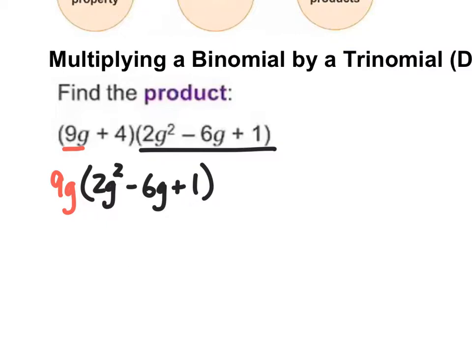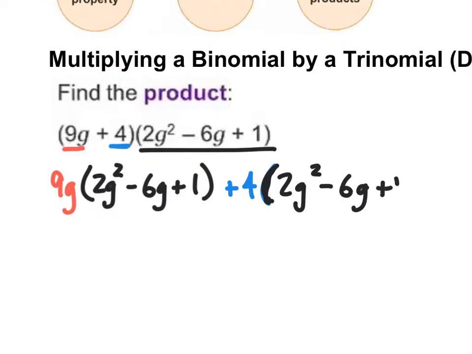And then I'm going to take 4 and multiply it by the entire trinomial. So plus 4 times, in parentheses, 2g squared minus 6g plus 1.